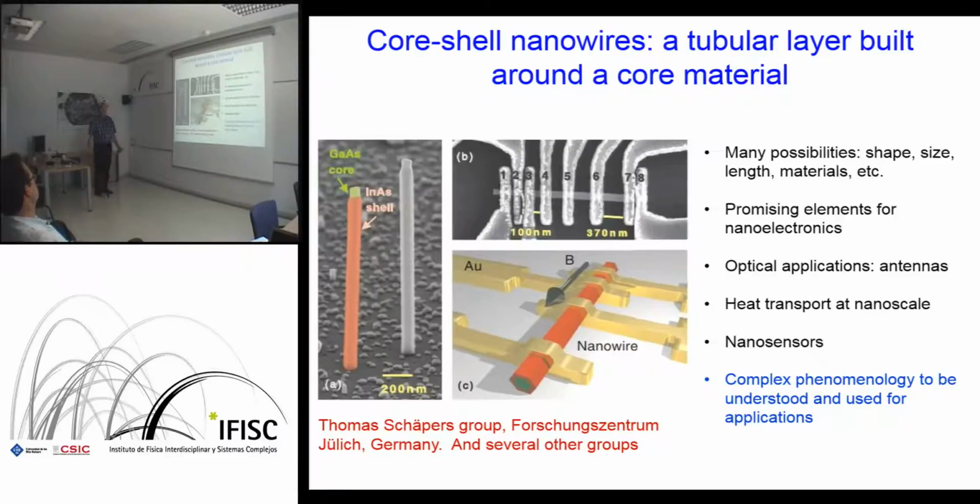The most interesting case, at least for me, is when the shell is conductive and the core is insulating, because then you have transport along the tube. Of course, tubular structures can be produced in many ways. In some cases, one can even dissolve the core, and you are left with vacuum inside. And of course, we know about carbon nanotubes, which are much smaller. The typical size of a core shell nanowire is 30, 50 to 100 nanometers in diameter, and the length can be microns, 10 microns, 20 microns.